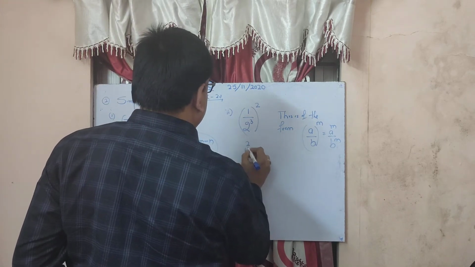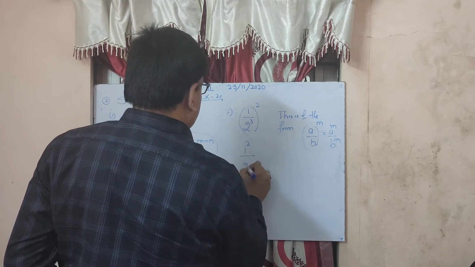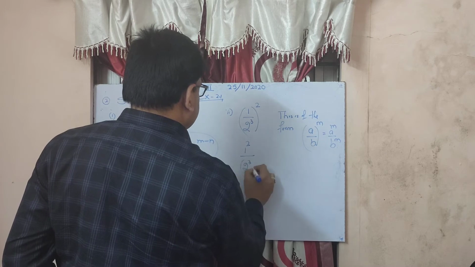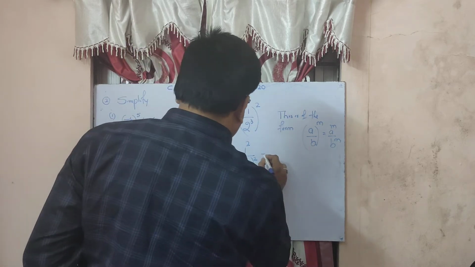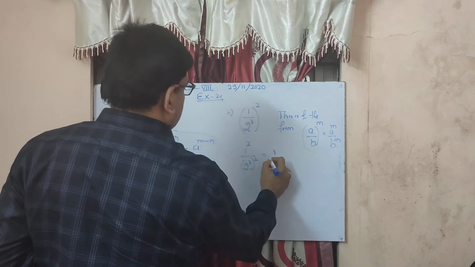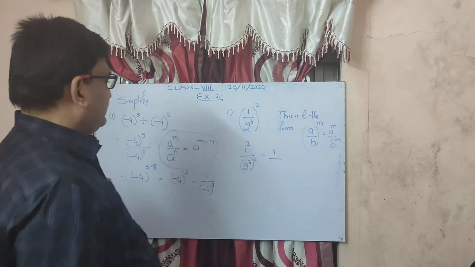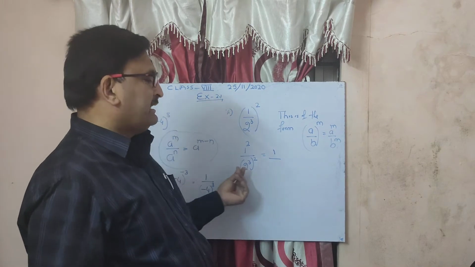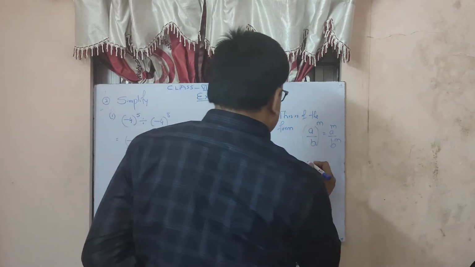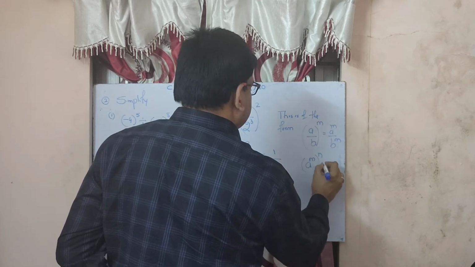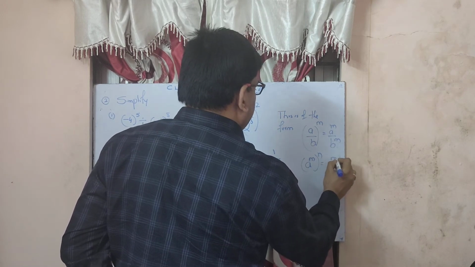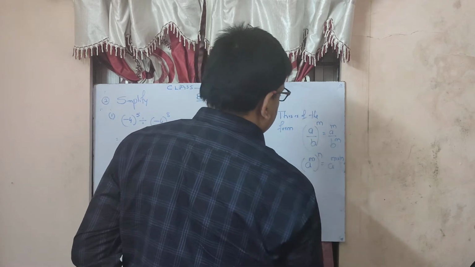Now write it. 1 square divided by 2 cube, right? 2 cube as it is, what is the power? 2. Now 1 square is how much? 1. Okay. Now here which formula will be applied? You might have seen another formula, that is A to the power m to the power n is equal to A to the power m into n.